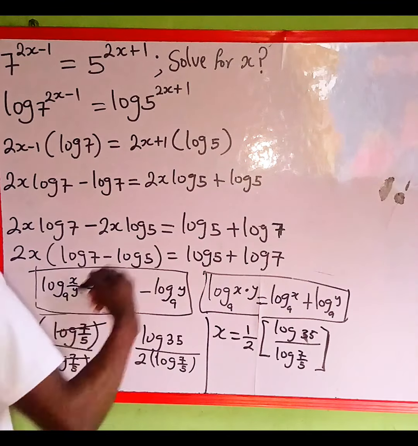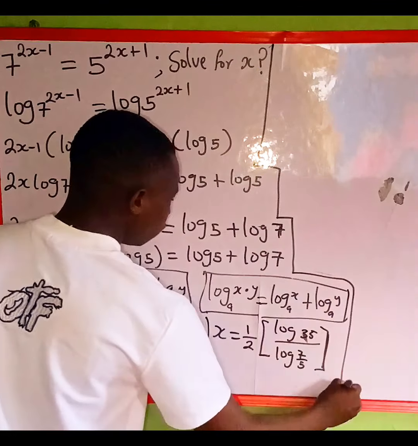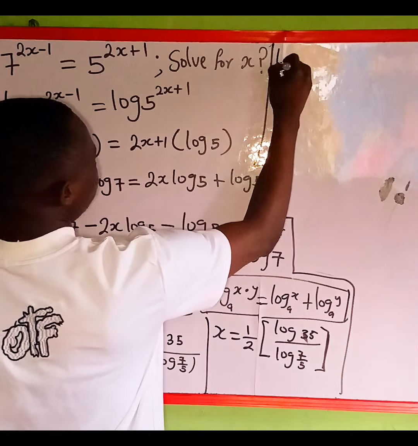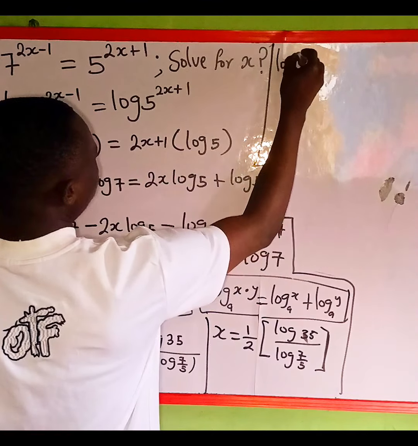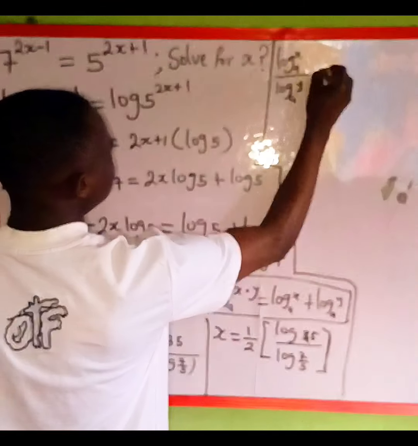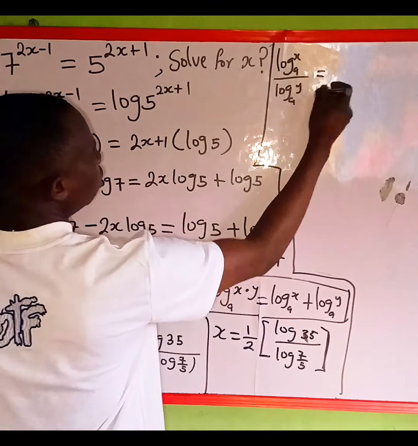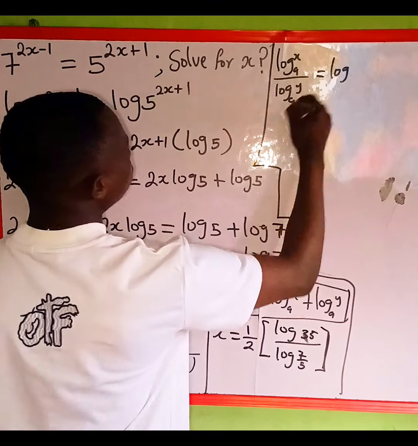To simplify further, we are still going to recall one of the properties of logarithm that says that when we have log to base a of x over log to base a of y, since they have the same base, this is the same as, then we write log.